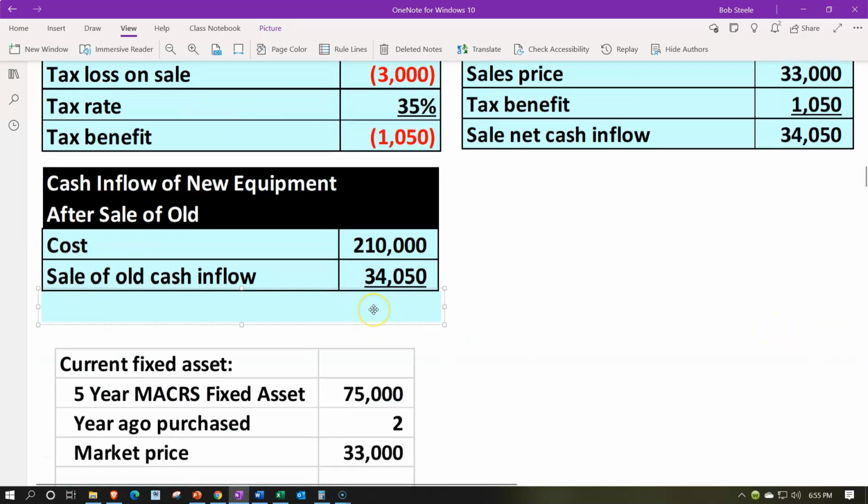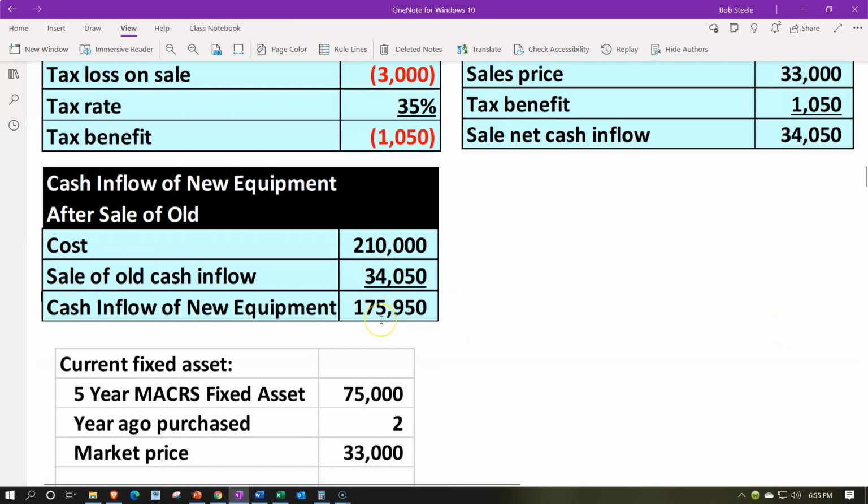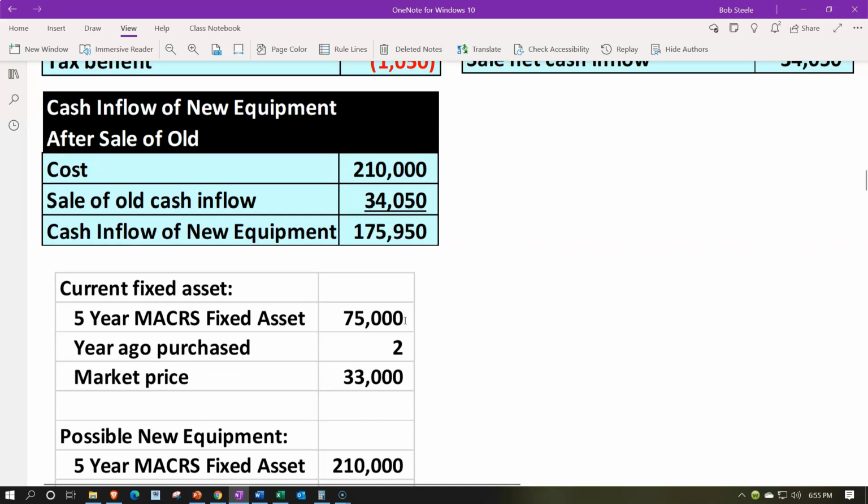So in essence, the new equipment in terms of net cash flow for period 0 would be the 175,950. So we're imagining that after we sell the old equipment and get a tax benefit from the loss from the sale, the new equipment's going to have a net cash outflow of 175,950 at time period 0.